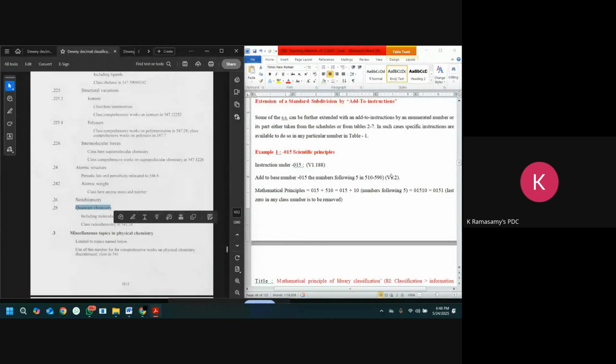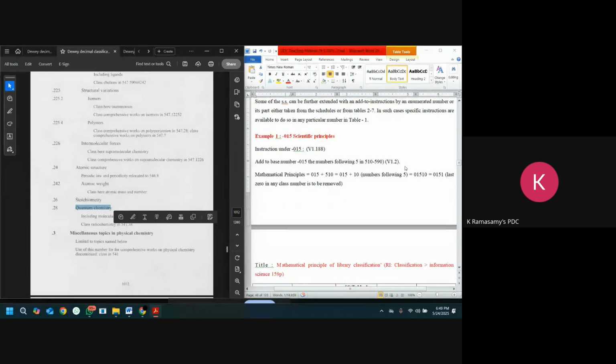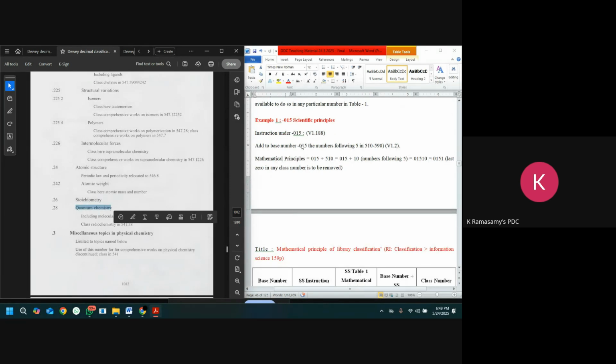Okay. Yes. Then, as I told you, one standard subdivision number can be extended. One example I gave was scientific principles, isn't it? The number for scientific principles is 015, but there is an instruction that this number can be further extended. How? You can go to 510 to 590 and take any number from there.